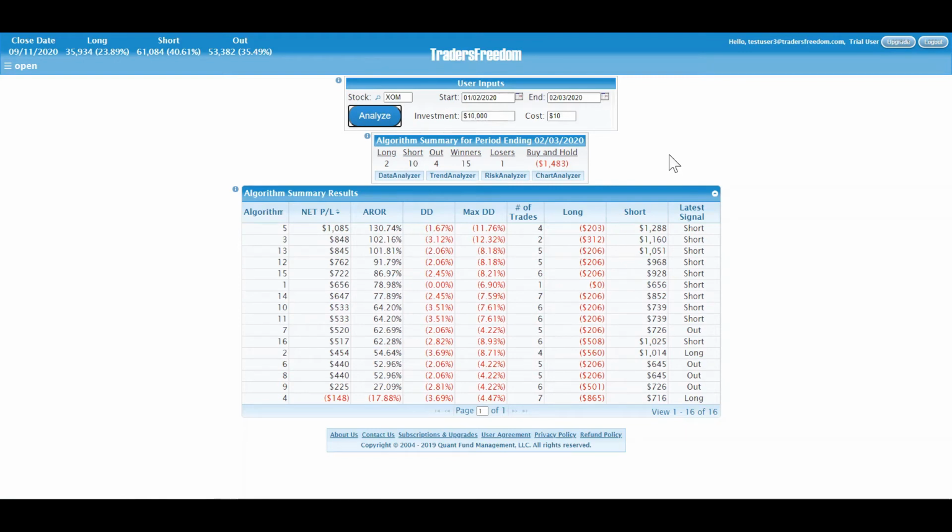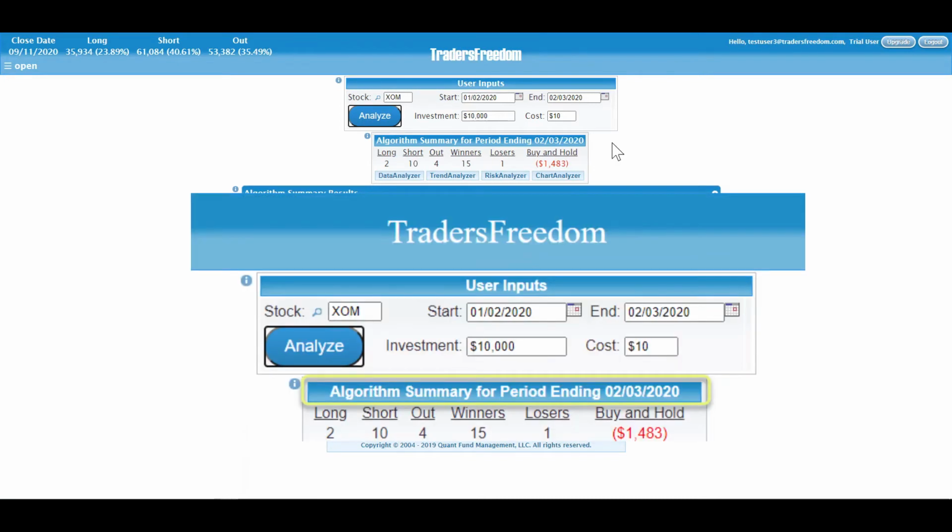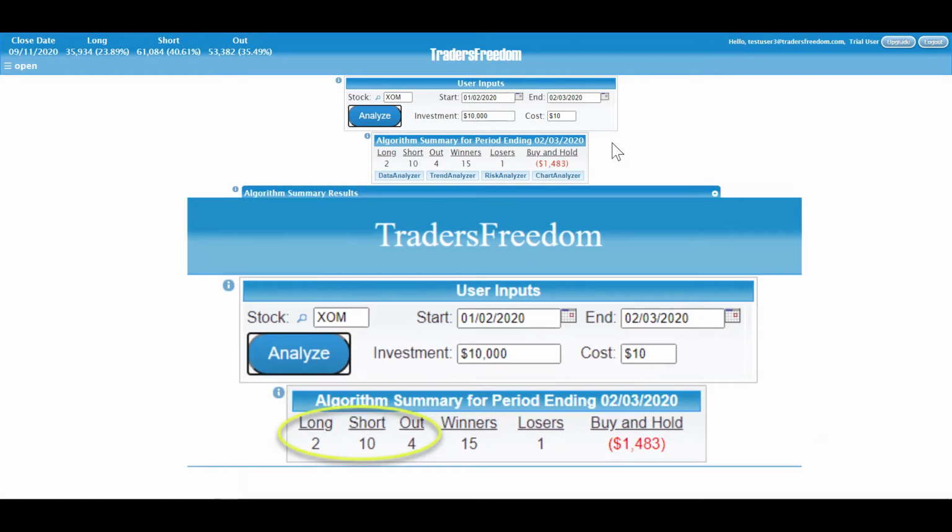So first, we're going to start with the proprietary data that you'll see here at the top in the algorithm summary box. And it contains critical details like how many of Freedom's 16 algorithms are signaling long, short, or out for the next day. In the case of ExxonMobil, 2 longs, 10 shorts, 4 outs.